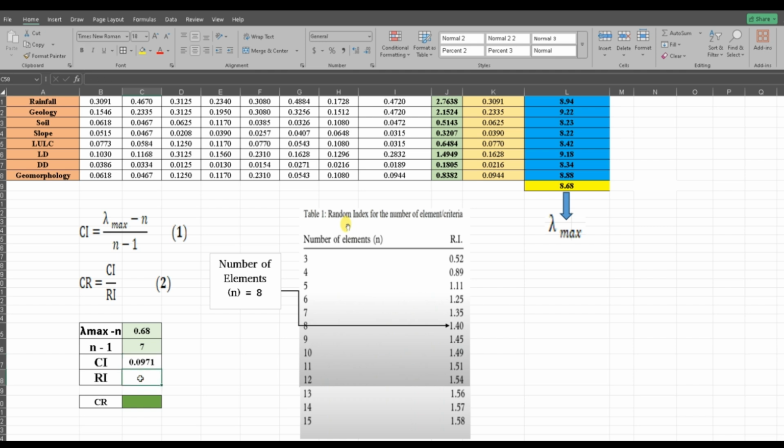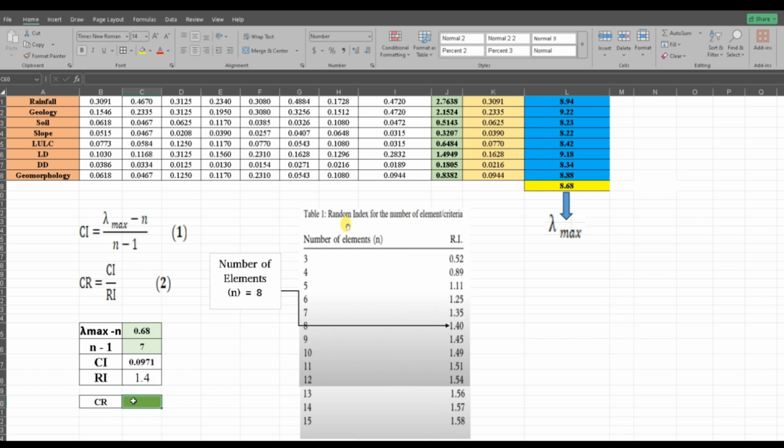Here, the other criterion is the random index, since consistency ratio is equal to consistency index divided by the random index. Random index is a function of the number of elements or criteria. In our case, we have 8 criteria or 8 elements. The respective random index for 8 elements is 1.4. Therefore, random index is equal to 1.4.